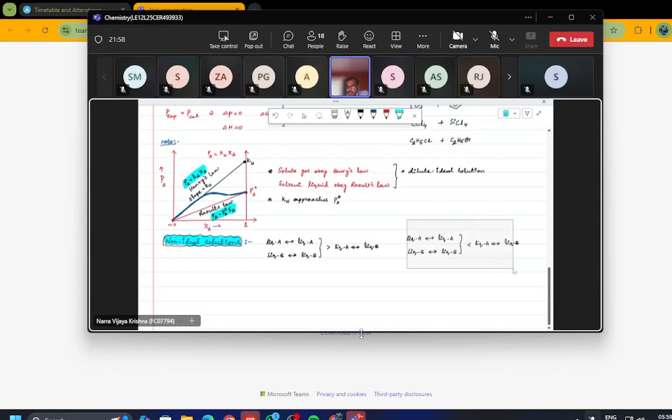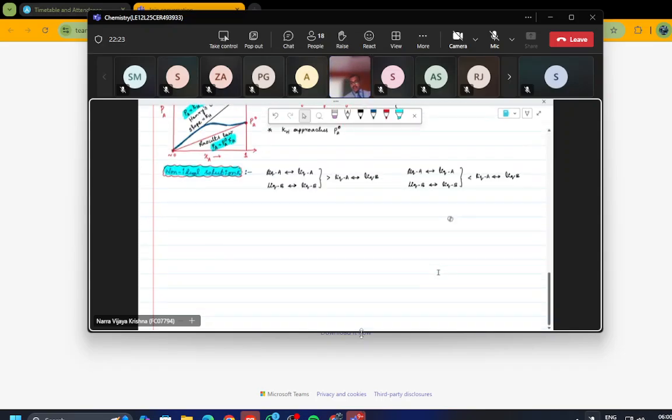Will you accept this statement, sir? If these interactions are equal, the solution is ideal; either greater than or less than means they are not equal. If they are not equal, then they are called non-ideal solutions, right?